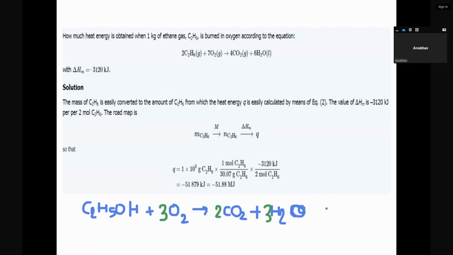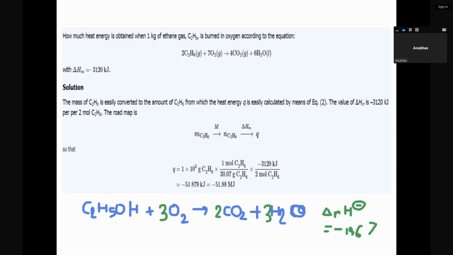Now the del H of the reaction, that is the standard enthalpy of reaction, is minus 1367 kilojoule per mole. So as I have told you, we have the del H minus, which is minus 1367 kilojoule per mole.